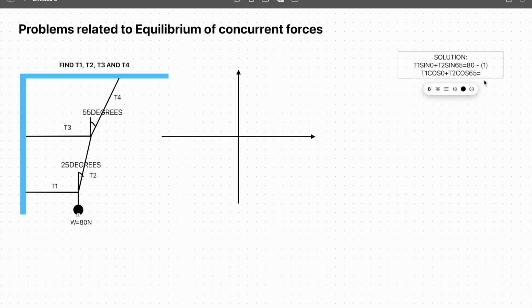T1 cosine 0, T2 cosine of 65. Both are equal, so we write it equal to 0. So it is another equation right over here.